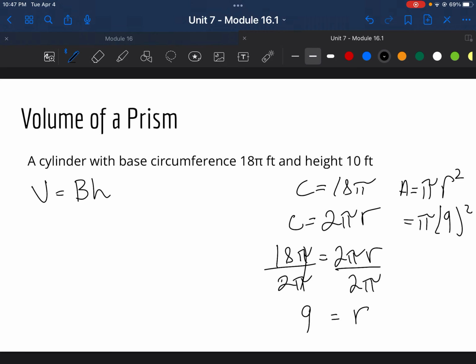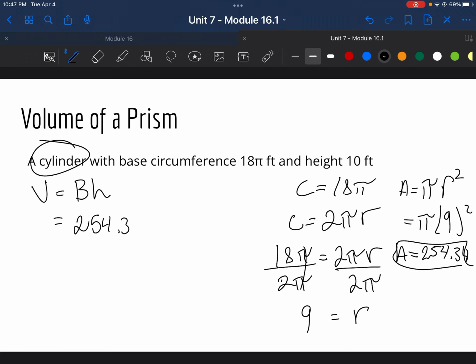Plug it into your calculator, and that should give us an area of 3.14 times 81, which is 254.34. So that means that the area of my base, since this is a cylinder, is going to be 254.34.